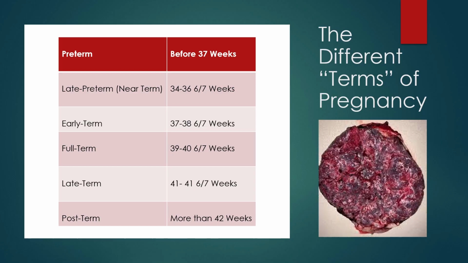After 42 weeks, fibrin deposits, calcium deposits, and hemorrhagic infarcts can occur, and that impedes the ability of the placenta to nourish the fetus. So it doesn't allow the blood to flow freely between mom and baby. So oxygen levels decrease, blood flow in general just decreases. So this is why you're going to see patients counseled to have their babies around 40 weeks, because it actually will improve maternal and fetal outcomes.